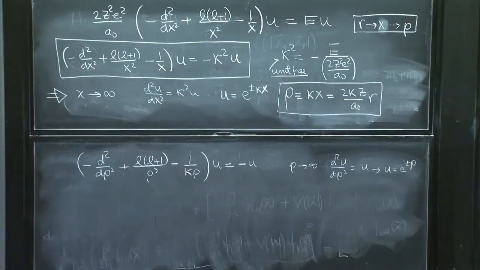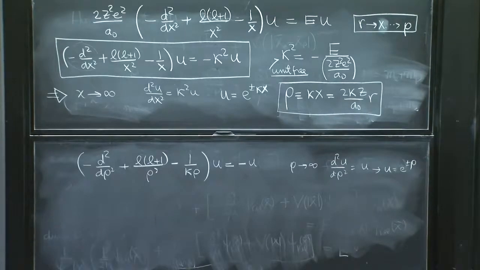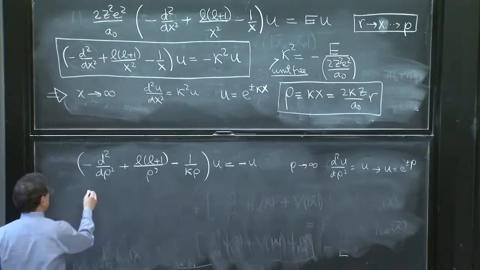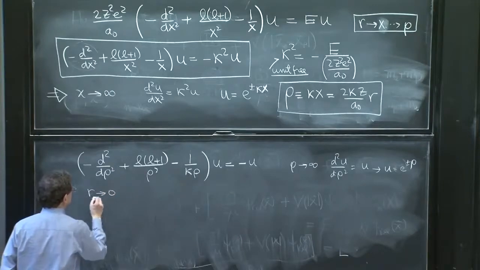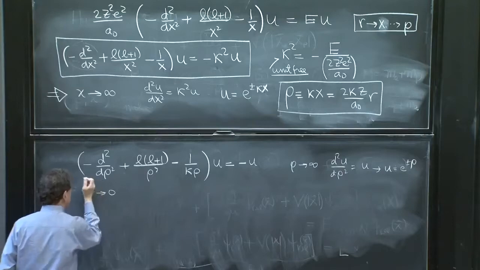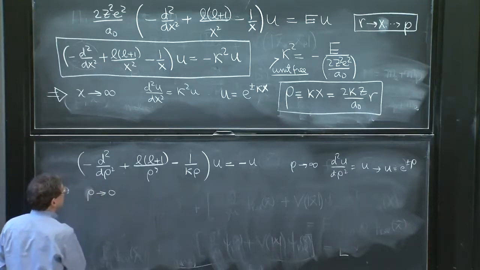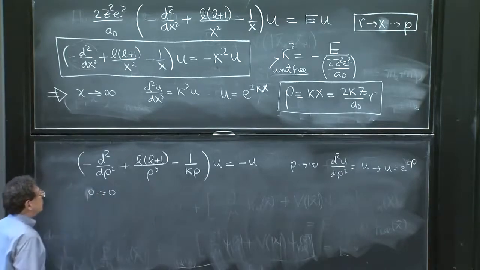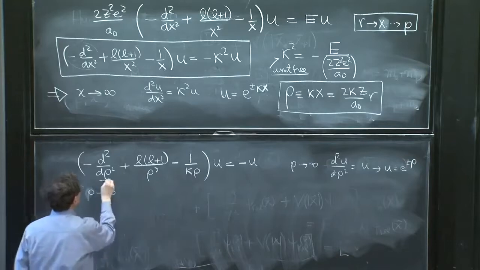And the other part of the solution is the solution near r going to 0, or near x going to 0, or near rho going to 0. So near rho going to 0, you have these two terms.